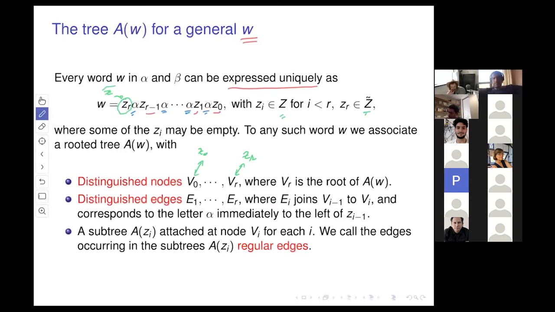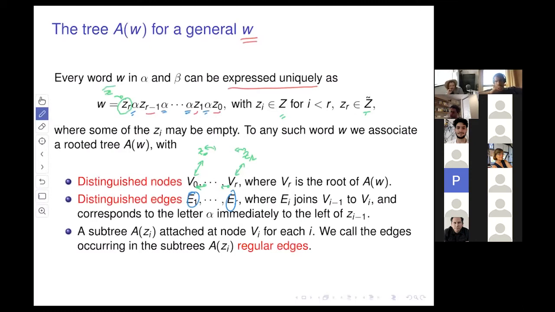Then there will be distinguished edges joining these vertices. So there's going to be one distinguished edge for each of the alphas. So these r of these alphas correspond to the letters alpha in the expression for W.